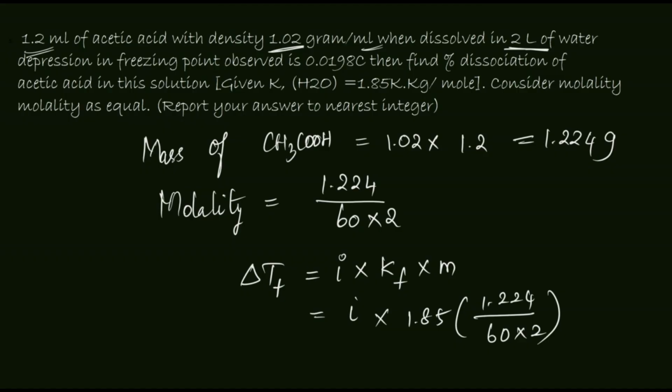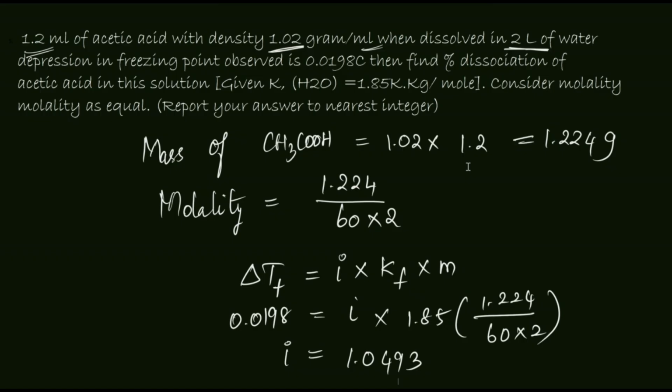And what about the i value? So the i value becomes 8. Upon solving this, you will end up with 1.0493. Okay, so that is the i value.